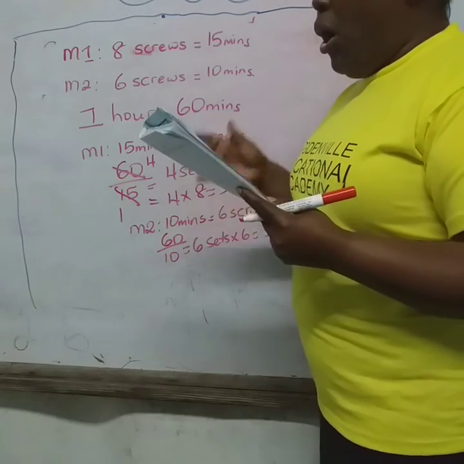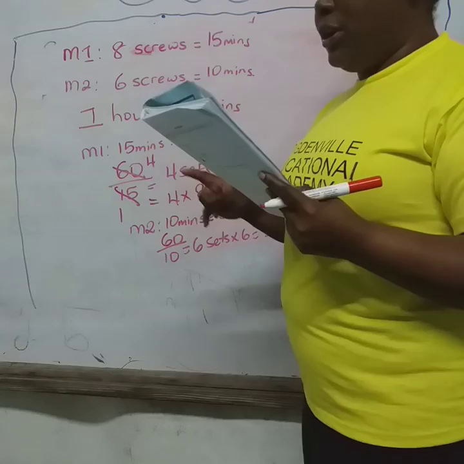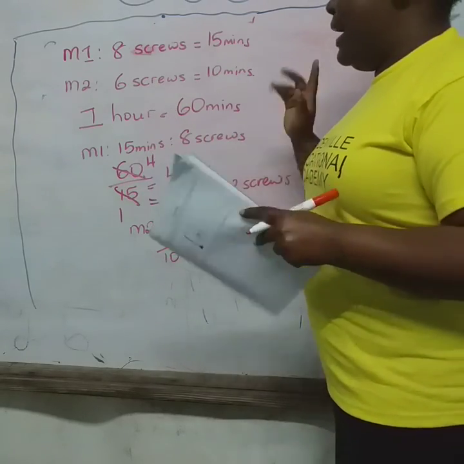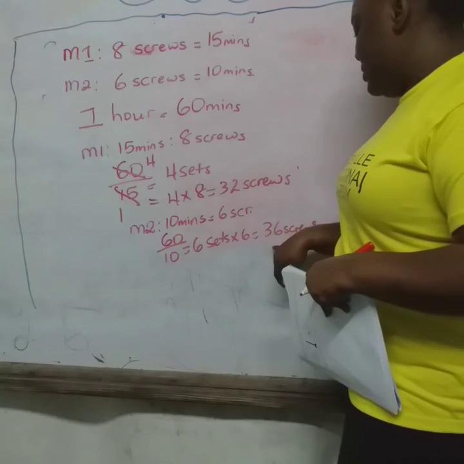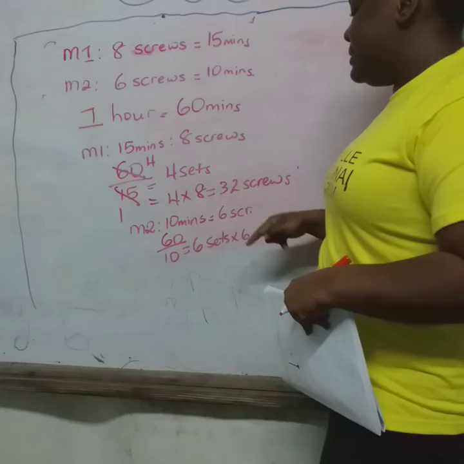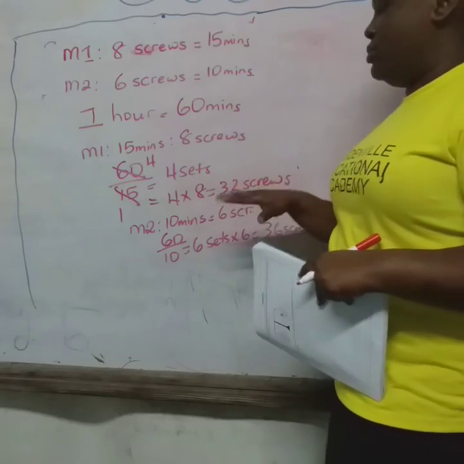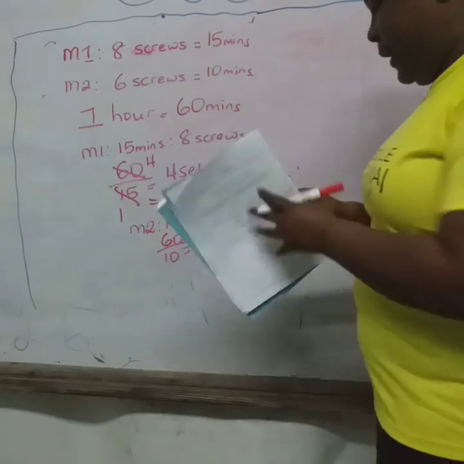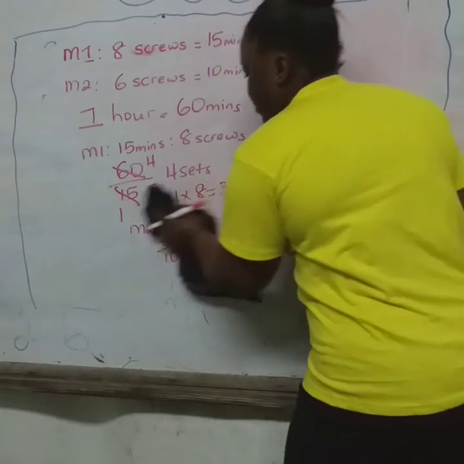So therefore, which machine produced more screws in 1 hour? That will be machine 2, because machine 2 in the 60 minutes, which is 1 hour, is giving us 36 screws, while machine 1 in the 60 minutes is giving us 32 screws. So machine 2 produces more screws than machine 1. Okay? Let's look at our next reasoning question.